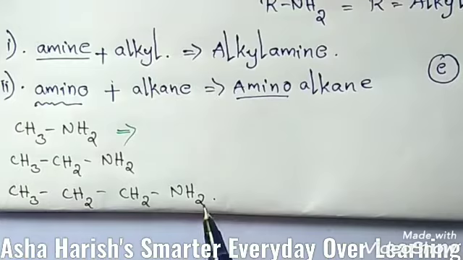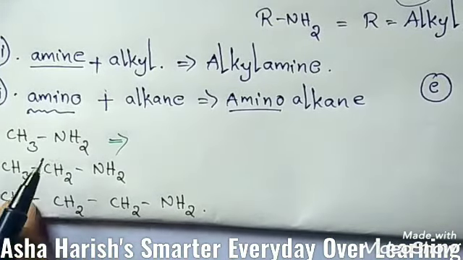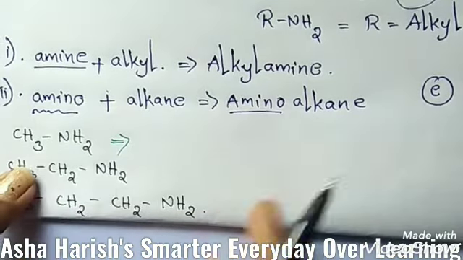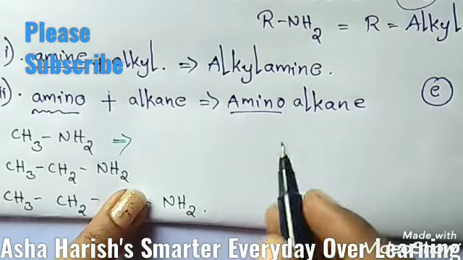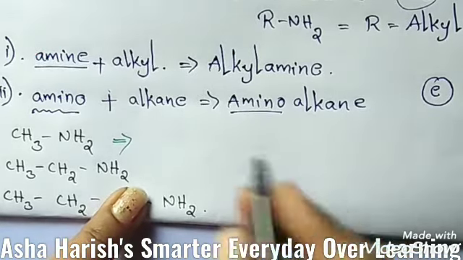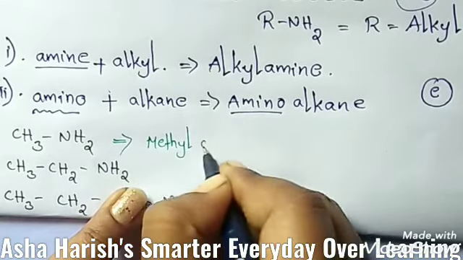Again, 3 examples I have written here: CH3NH2. Here students, only one methyl group is located, so the number of carbon atoms is only 1. So here the name is methylamine.